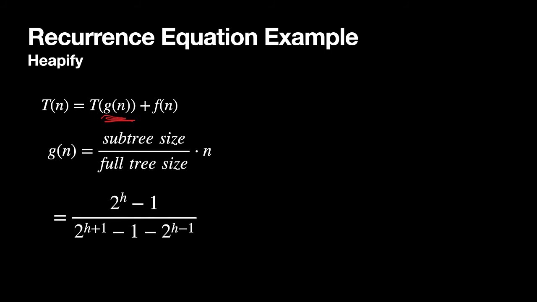The overall subtree is 2 to the power of h minus 1, and the overall larger tree, with the right-hand subtree not having leaves at the same level as the left-hand subtree, is 2 to the power of h plus 1 minus 2 to the power of h minus 1. Oh gosh, that's a bit of a mess.